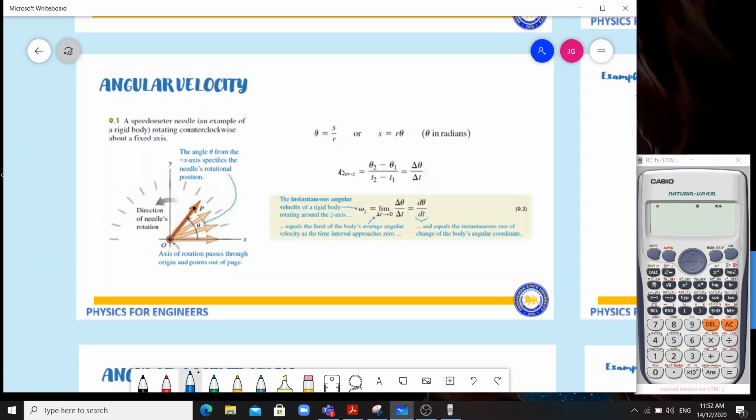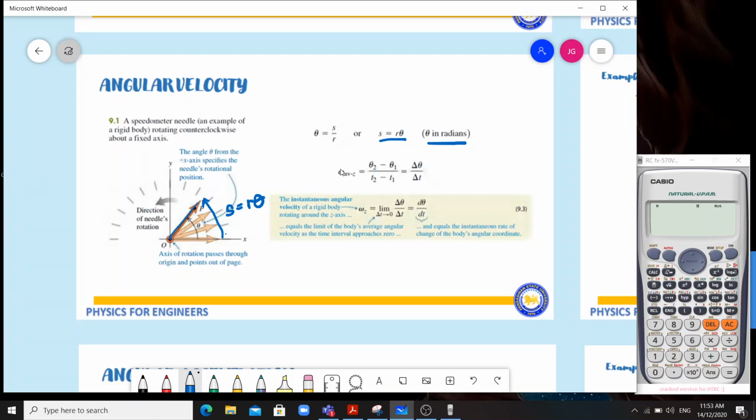If you remember your solid mensuration, this distance is denoted as S, and that is equivalent to r theta, the radius of the object times the angle of displacement. So S is equal to r theta, wherein theta is in radians.